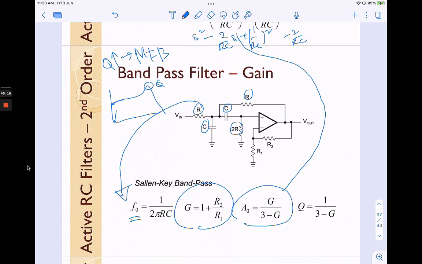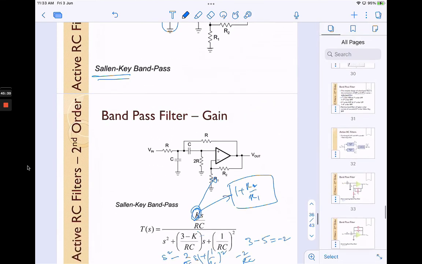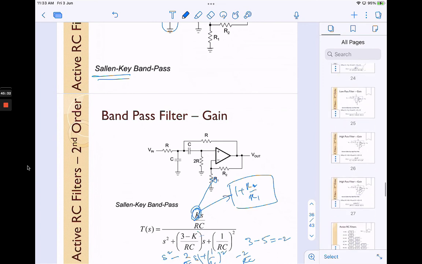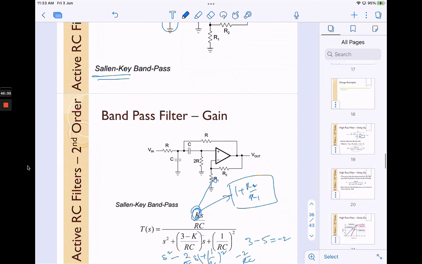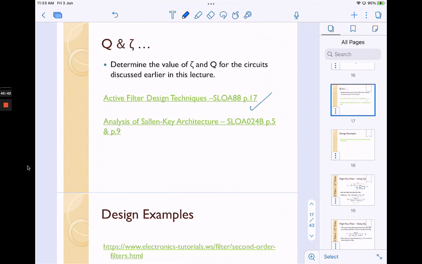You can take a look back at your analog filter notes, or Google the multiple feedback topology. I have provided the link here, where you can learn more about this filter. You can Google active filter design techniques, SLOA 088, and you can find a very good explanation about the filters.